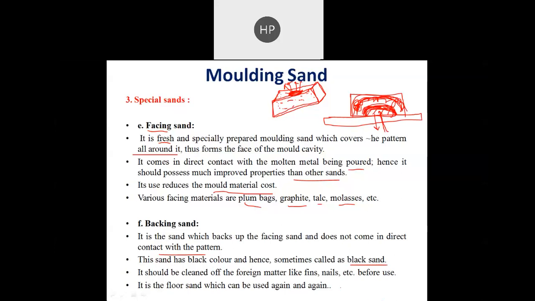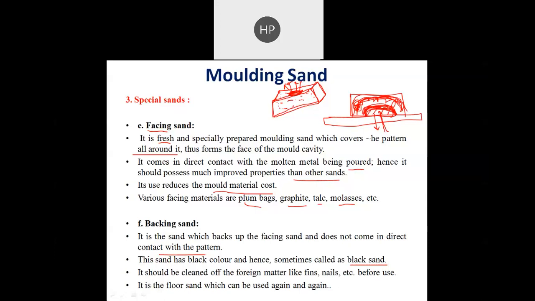It should be cleaned of foreign matter like fins, nails, etc. before use, and it is the floor sand which can be used again and again in many casting applications. Once you have used it, you can use it again for the next casting.